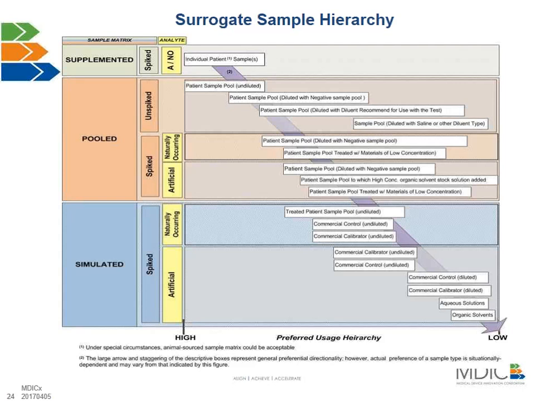However, even within this category, the different types of simulated surrogate samples are arranged in a hierarchical format, beginning here with treated patient sample pool and ending with organic solvents. Additionally, the hierarchy considers analyte in addition to matrix and whether or not the analyte is artificial, that is, it emulates an analyte of interest, or is naturally occurring.